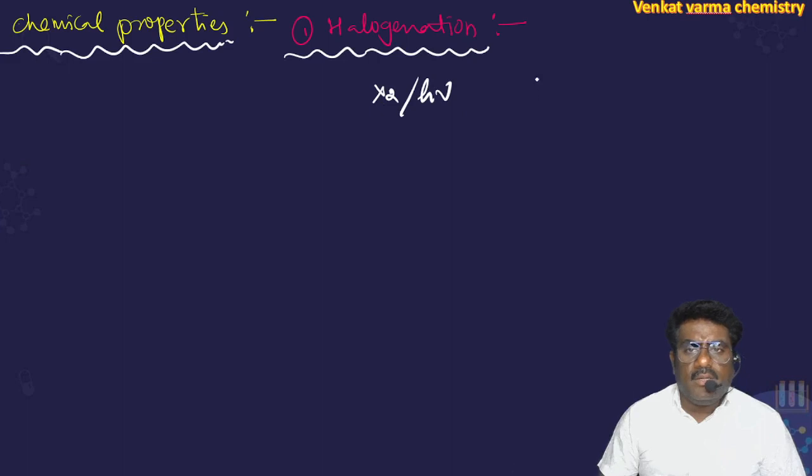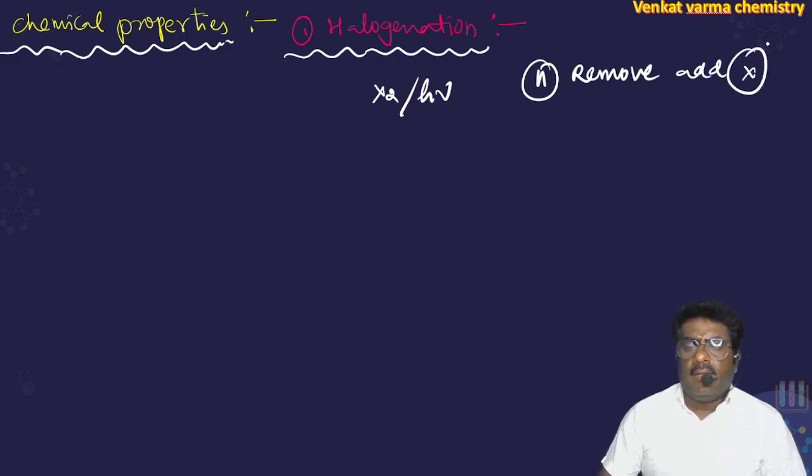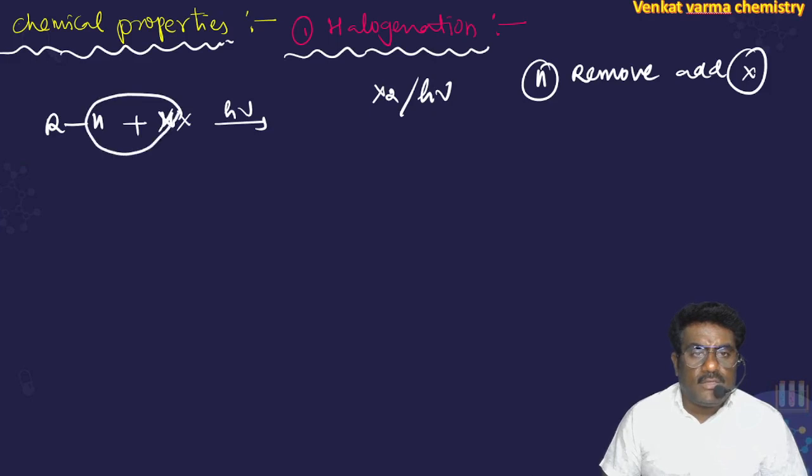We simply remove hydrogen and add halogen, X. For example, alkane RH in presence of X2 and hν removes HX, and gives RX plus HX.